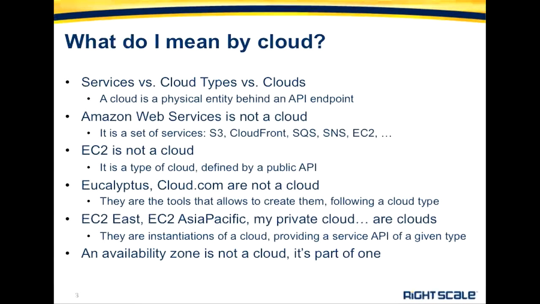It's a type of cloud that defines certain APIs. Eucalyptus or Cloud.com or vCloud implementations are not clouds either. They are things you can use to create a cloud. So a cloud is something like EC2 East, EC2 Asia Pacific, or your garage cloud implemented with Eucalyptus. Those are clouds. Availability zones are not clouds either; they're just little pieces of it.